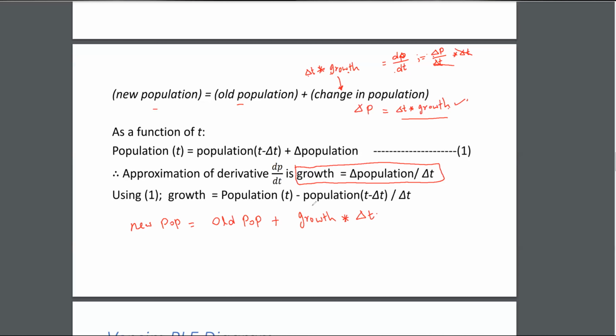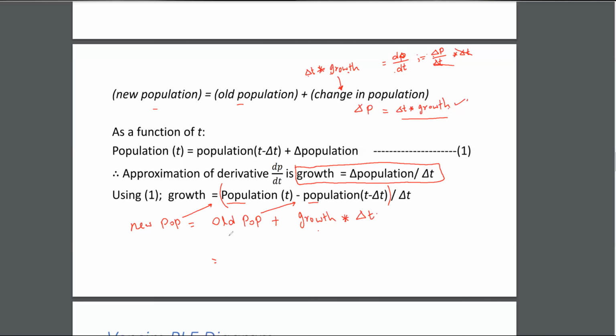Right, and then I'm writing this the other way. Unfortunately, I forgot to put a bracket here. It has to have a bracket. So this whole thing divided by delta t. So I'm putting growth on one side and the rest on the other side. How do I do that? New population means this right here, and the old population is this right here. So this is old, this is new.